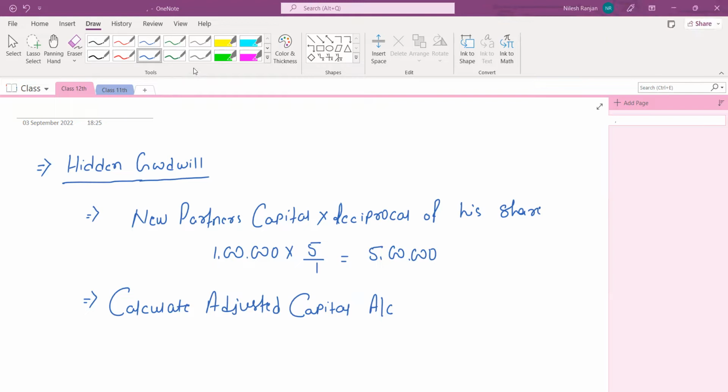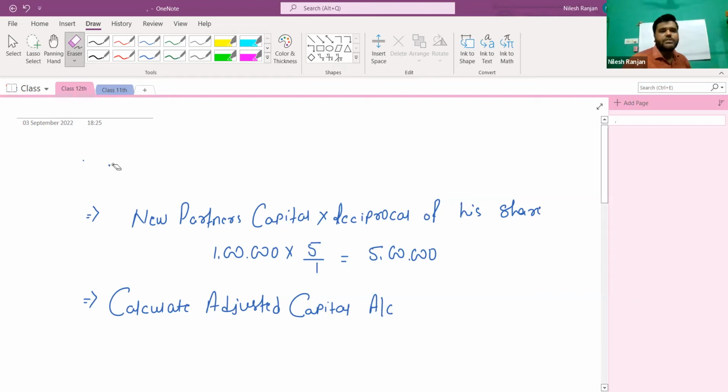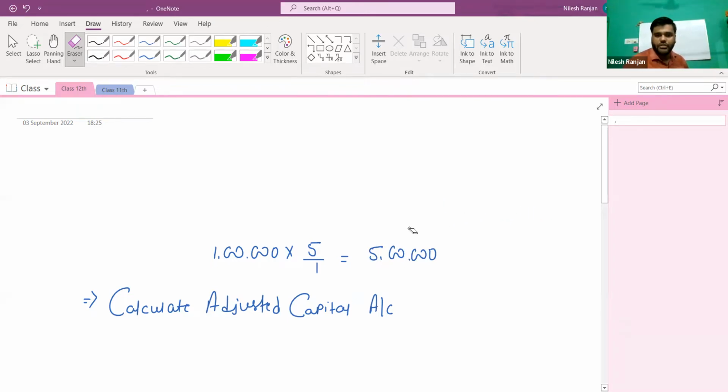Sir, we have done a revaluation account before, but is there revaluation in this topic as well? Actually, revaluation is not so different from the previous one, like change in profit sharing ratio. You have done revaluation in that chapter, but there are some changes in revaluation. So we will understand. Okay, sir.